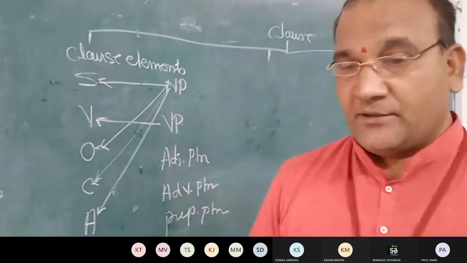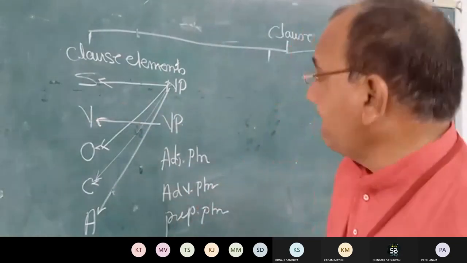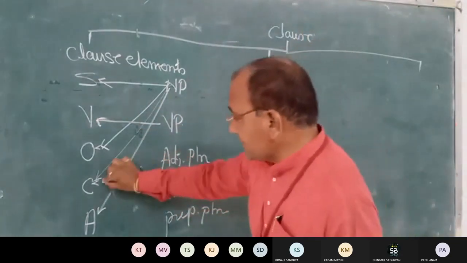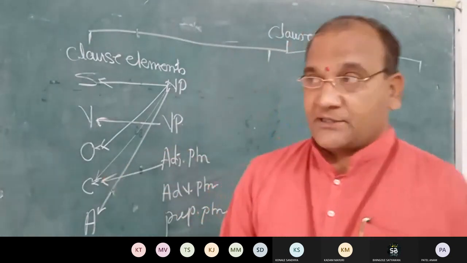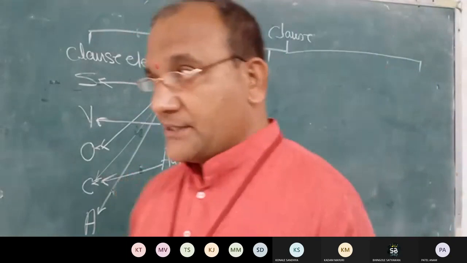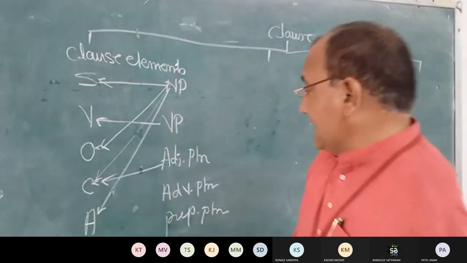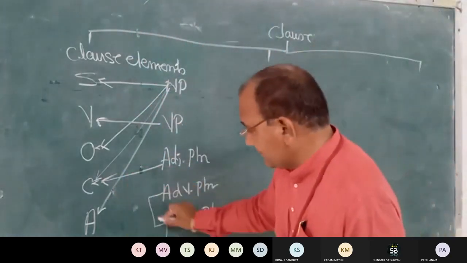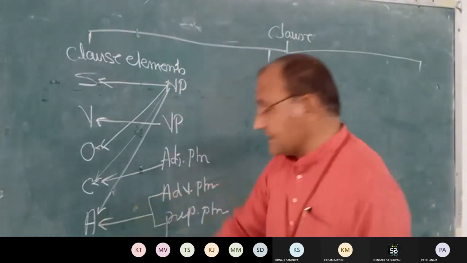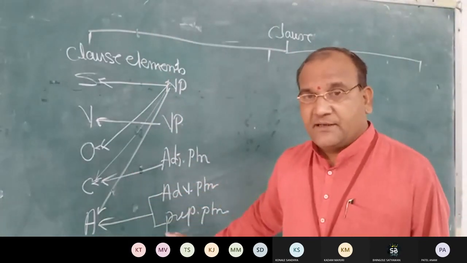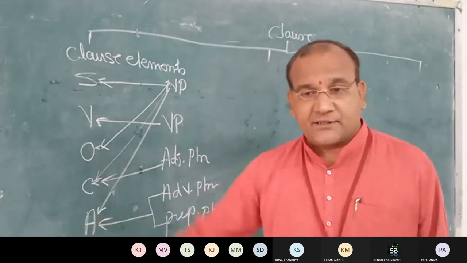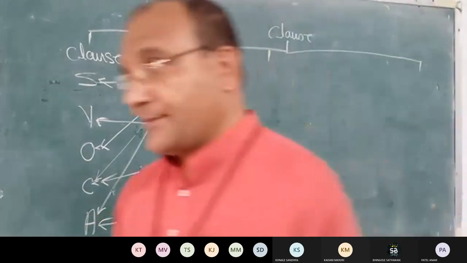VP can function only as V in a sentence. Adjective phrase can function only as a complement. Adverb phrase and prepositional phrase function as adjunct or adverbial.